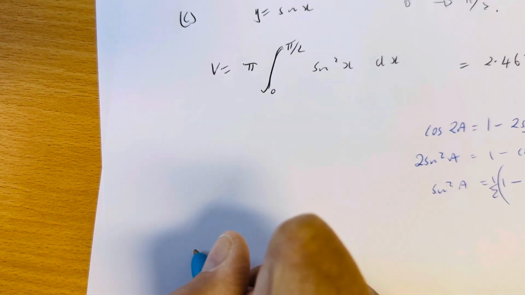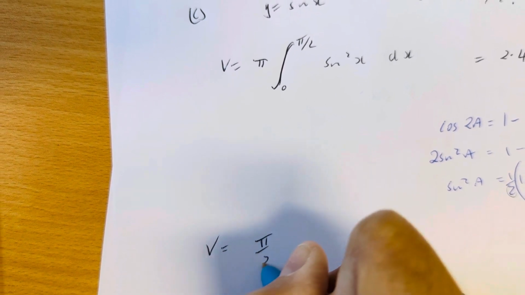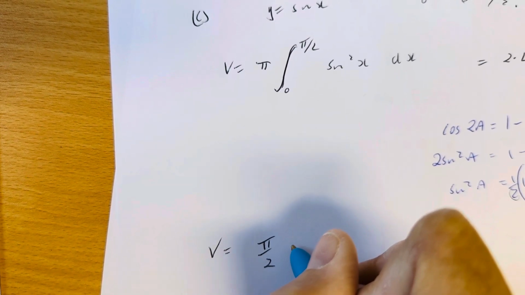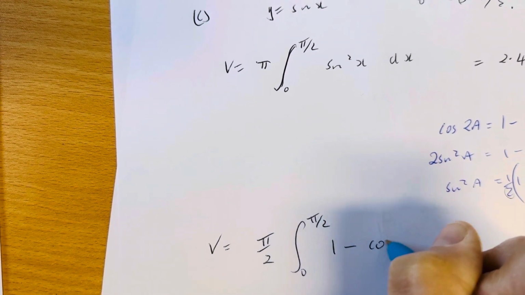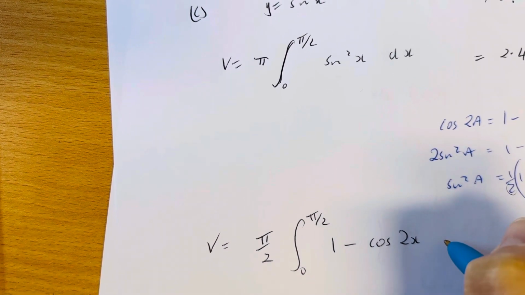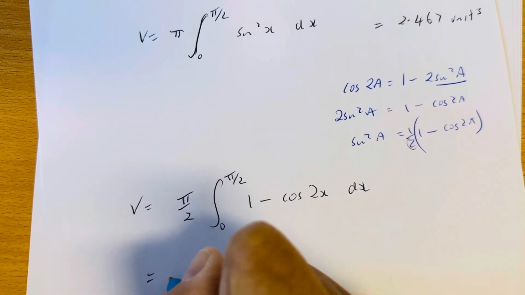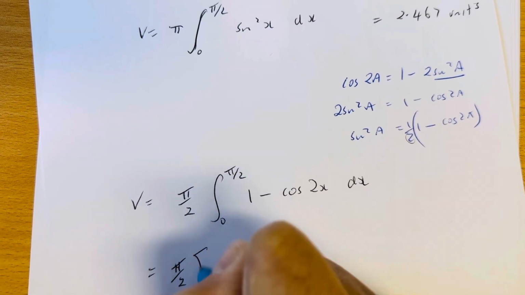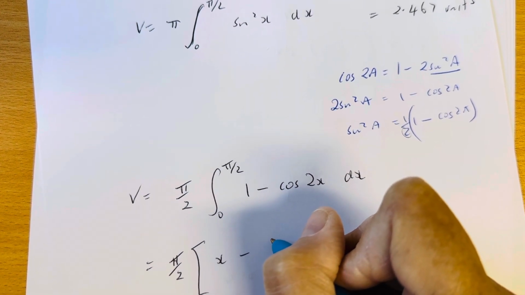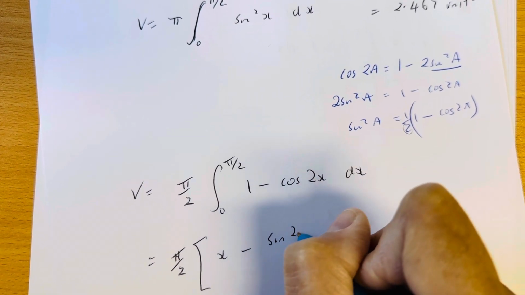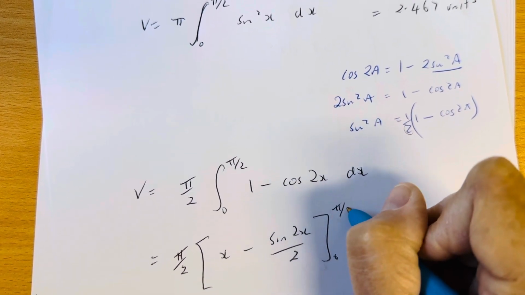So putting that in over here, my volume equals, I put my half out the front, so I'd get pi on 2, integral from 0 to pi on 2, 1 take cos 2x dx, which would be pi on 2, x minus, cos goes to sine, sine 2x on 2, from 0 to pi on 2.